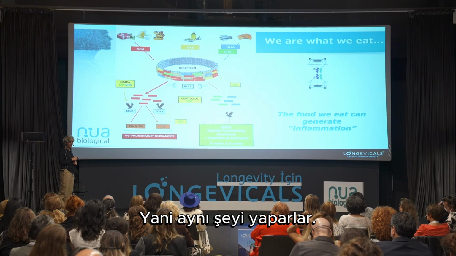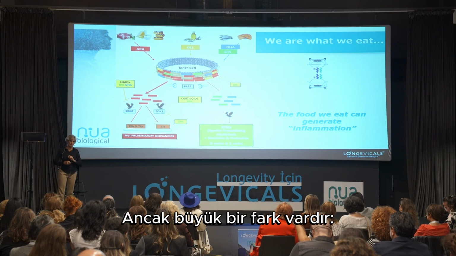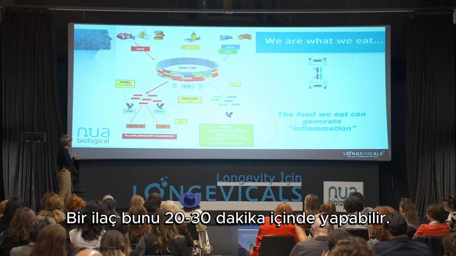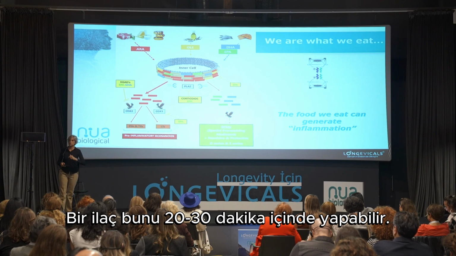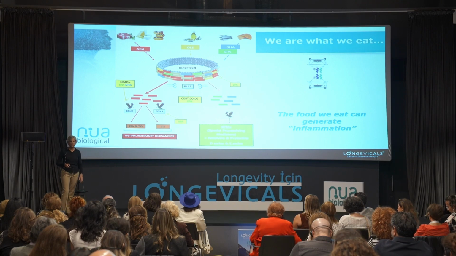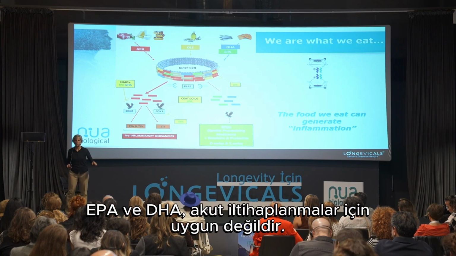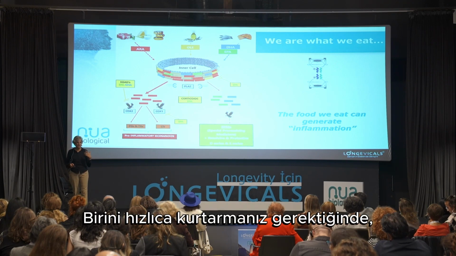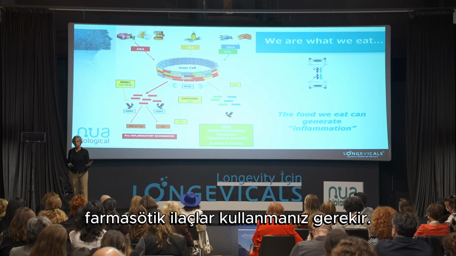So they do the same thing. However, there's a big difference. A drug will do that within half an hour, 20 minutes. EPA and DHA won't do it like that. EPA and DHA are no good for acute inflammation. If you need to rescue somebody, you need to use pharmaceutical drugs.